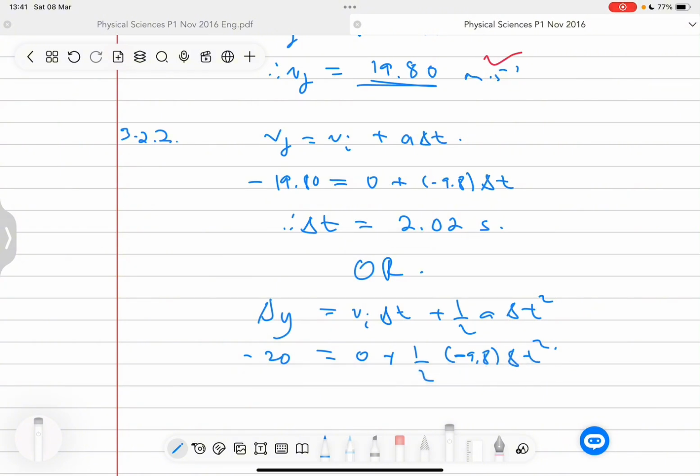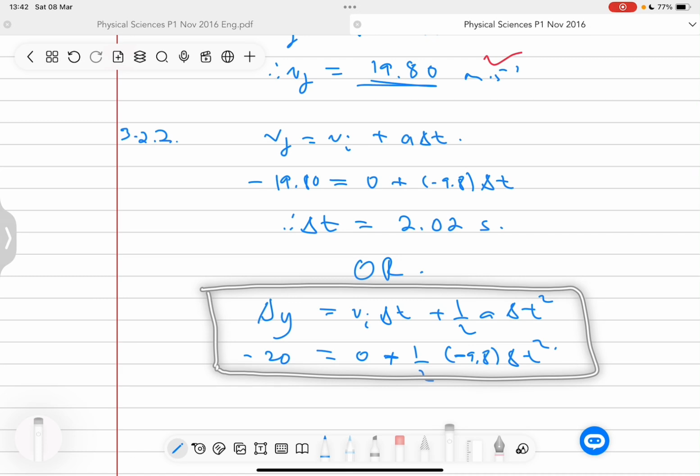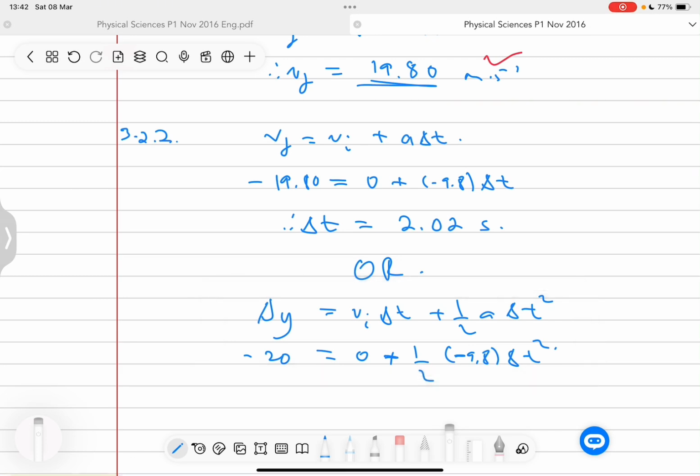However, I want to make an important point at this stage of the question. I would advise that in an exam you always choose this equation when you have a problem like this. The reason is that when you compare these two equations, in the first one we're using the negative 19.80 to find our answer.